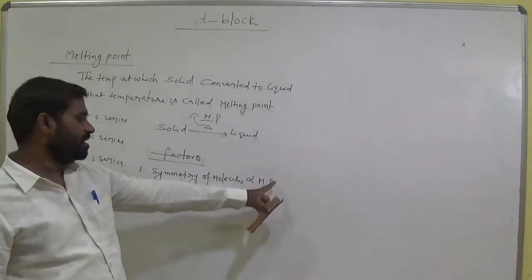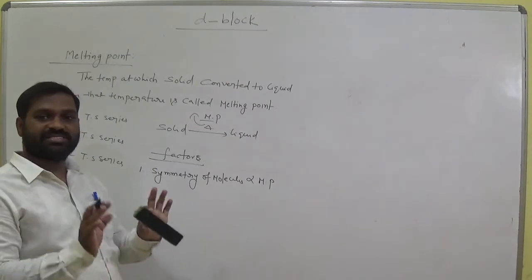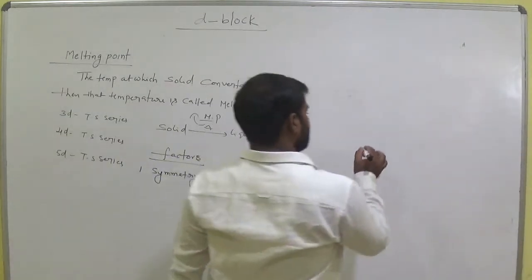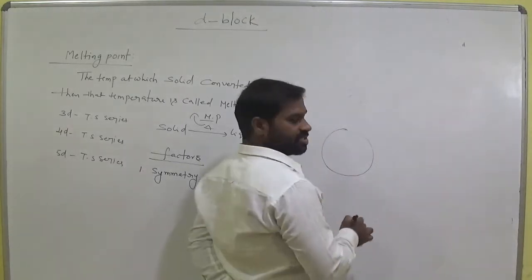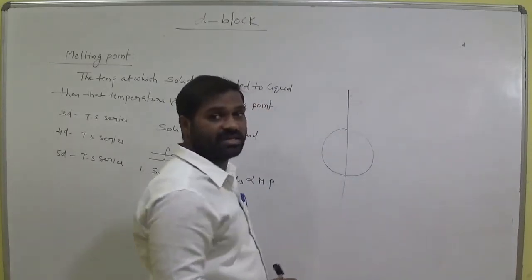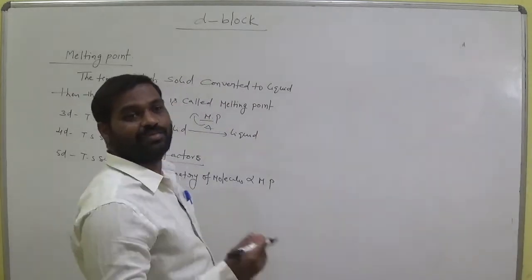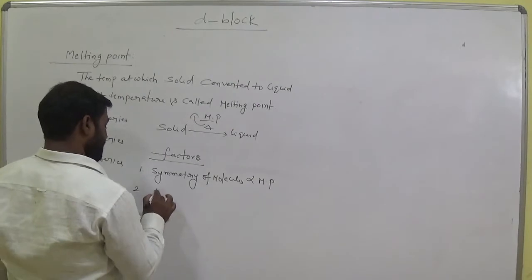So melting point is high when symmetry of the molecule is high. Symmetry means here proper order. Suppose you understand this is a ball, if you are able to cut it into two parts, then it is called symmetry. If the molecules are symmetrical, they have high boiling and high melting point.